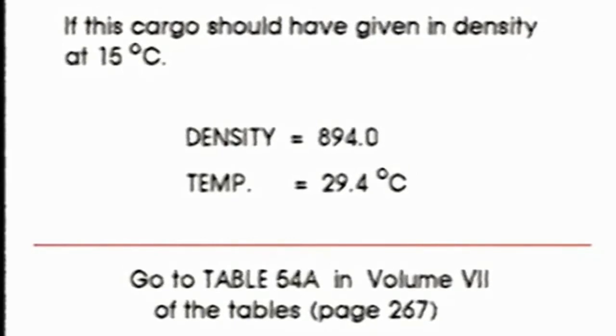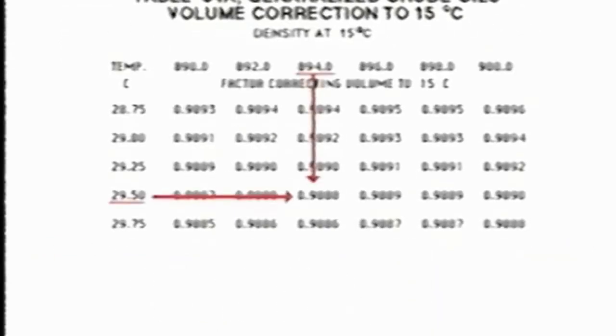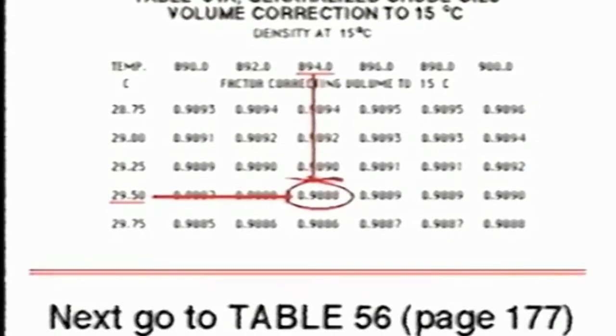First, the gross volume is reduced to net volume at 15 degrees centigrade. Use ASTM table volume 7 and consult table 54A. Do not interpolate. Next, we use table 56 in ASTM table volume 11 to 12.